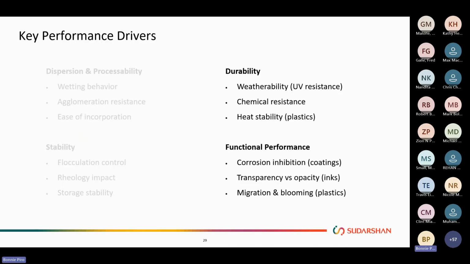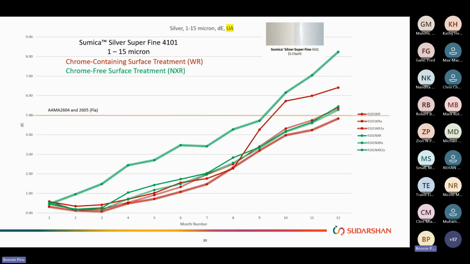Durability and functional performance. These are other characteristics of the pigments and the finishing, and how the finishing impacts these areas in here. So some examples of that are to follow here. Going back to that mica that we talked about earlier, here we're taking a look at the color retention of these same micas.